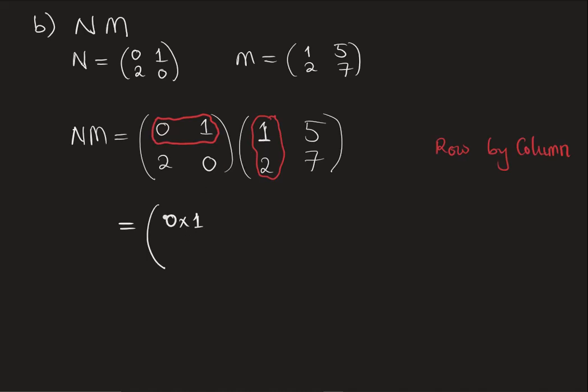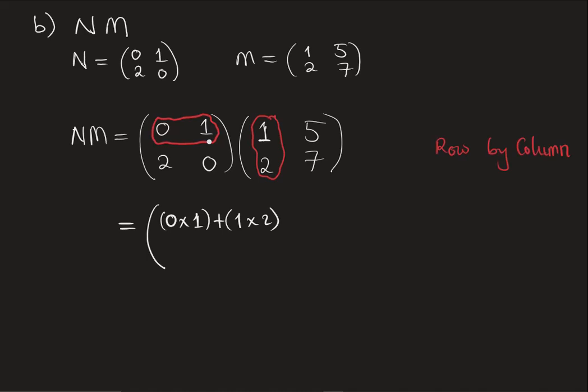So 0 multiplied by 1, and then we're going to add it to 1 multiplied by 2. So first row, first column, just like that. This one by that one, this one by that one. Don't forget that order.